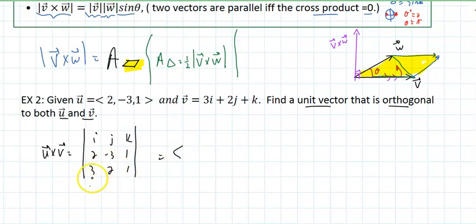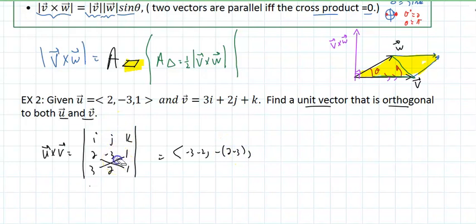Now I like lining them up under. The I component is negative 3 minus 2. Oops, negative, always negative. The J component, 2 minus 3.